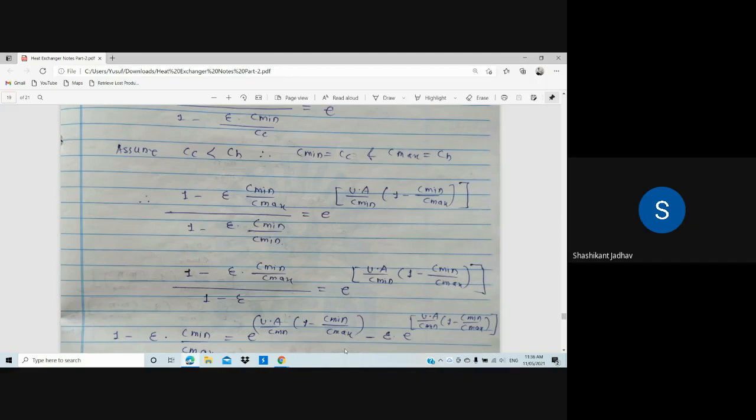So therefore, C minimum is nothing but Cc and C maximum is nothing but Ch. So in the above equation, we put C minimum instead of Cc, and C maximum instead of Ch. Therefore, 1 minus epsilon C minimum upon C maximum divided by 1 minus epsilon C minimum upon C minimum is equal to e raised to u into A divided by C minimum into bracket 1 minus C minimum upon C maximum.